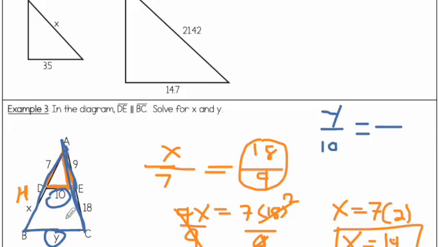You don't have to do y over 10. You could do a different one. So I have my big side is to my small triangle side, corresponding side. And 18 plus 9 is 27. Okay, so again, this is from the big triangle, so I'm going to use the big triangle on top. 27 is to 9.